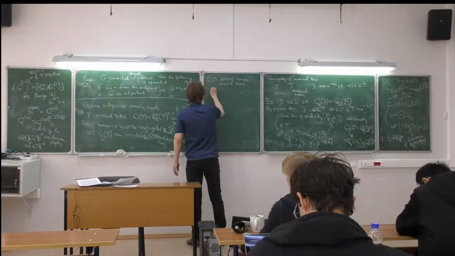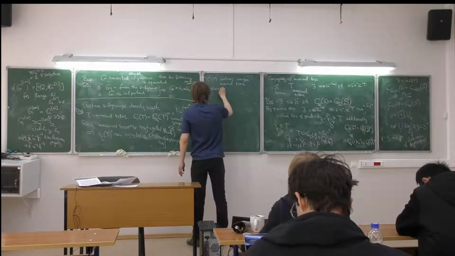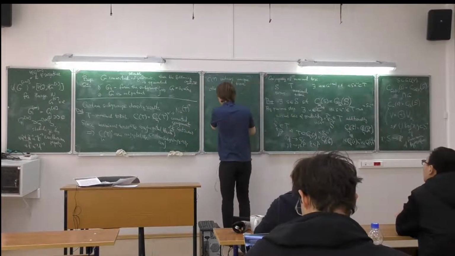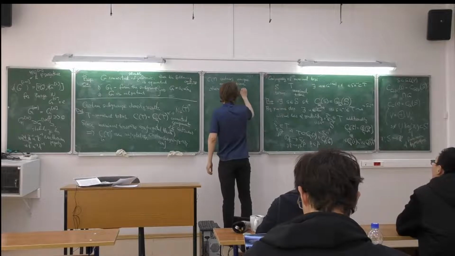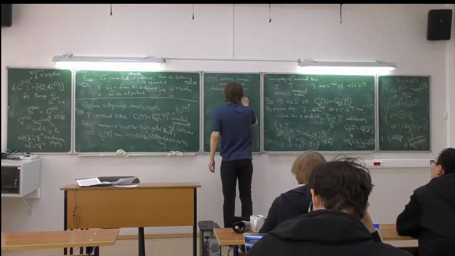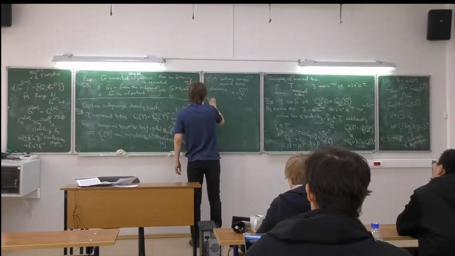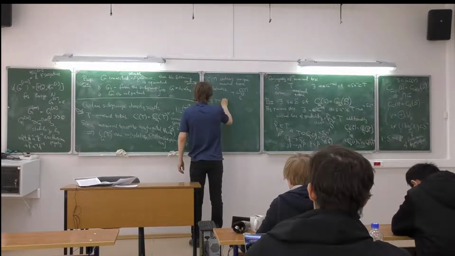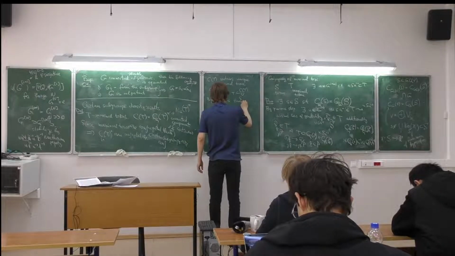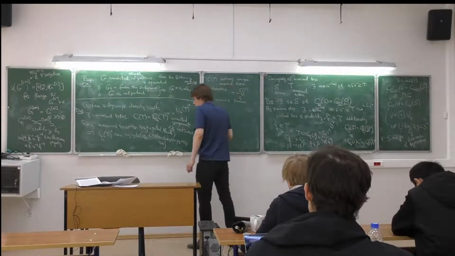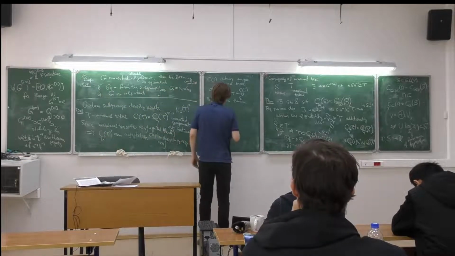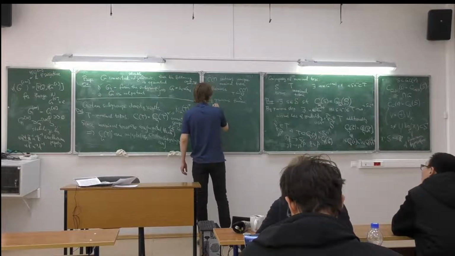Otherwise, we have the following: two tori, one is T and one is S. And by the previous theorem, they are conjugated.